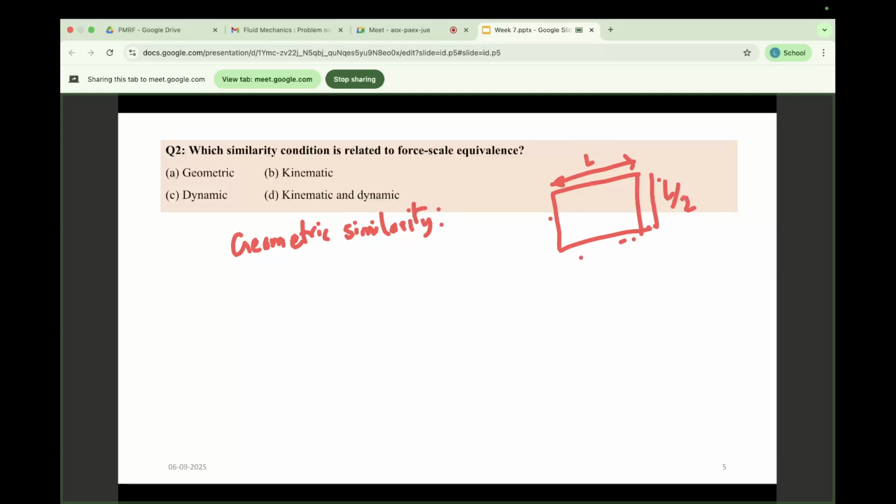That means the 1 to 2 ratio must be maintained for the larger domain or the object which you have to prepare. So that is geometric similarity. Next is kinematic similarity.